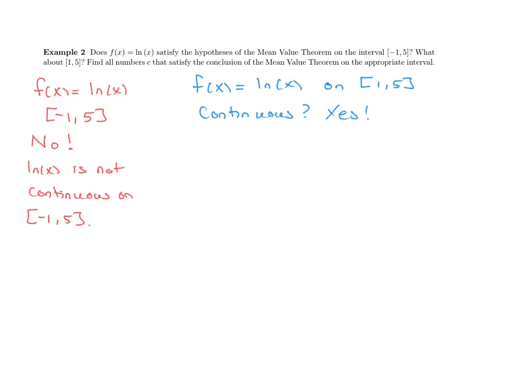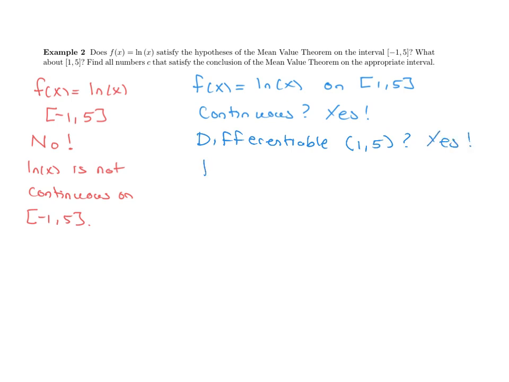And furthermore, logarithms are continuous where they are defined. So I'm just going to say, yeah, okay, it's continuous. Is it differentiable? And this would be on the interval from 1 to 5, not including the endpoints. And the answer to this is, well, it's also yes.